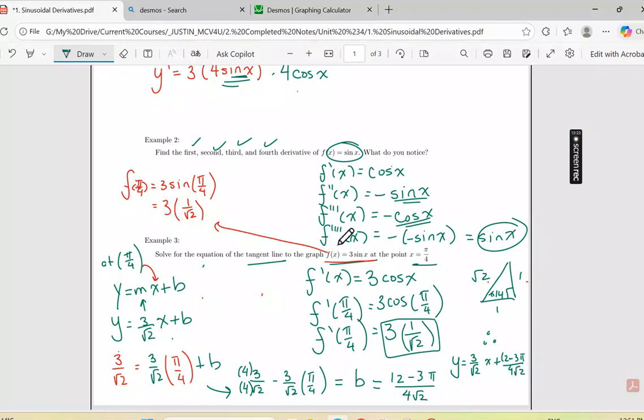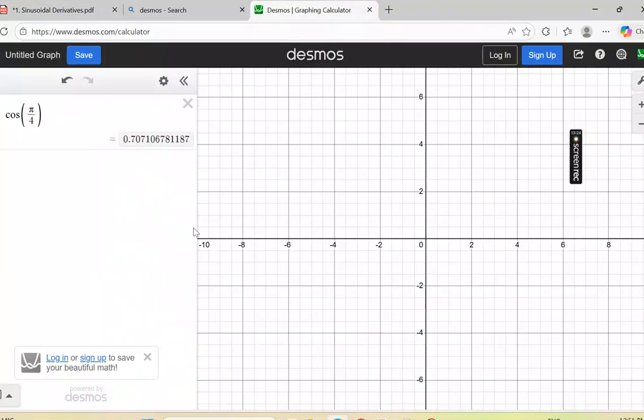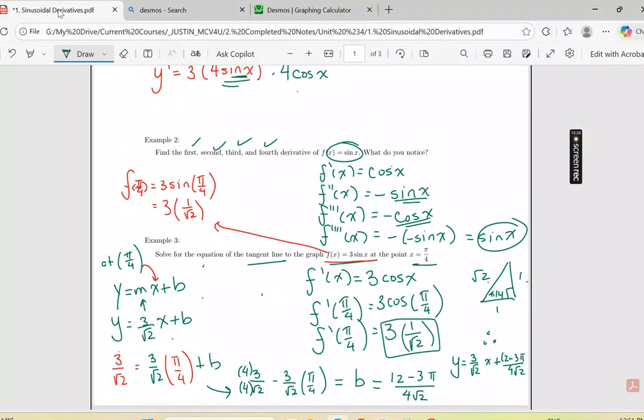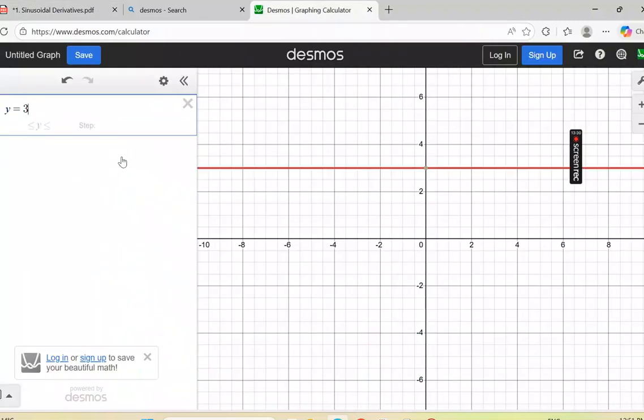Now, let's check this. What was the original equation? y equals 3 sine x.